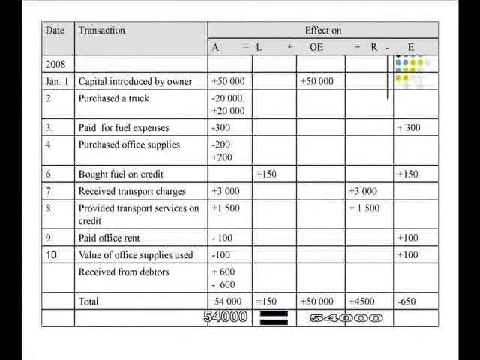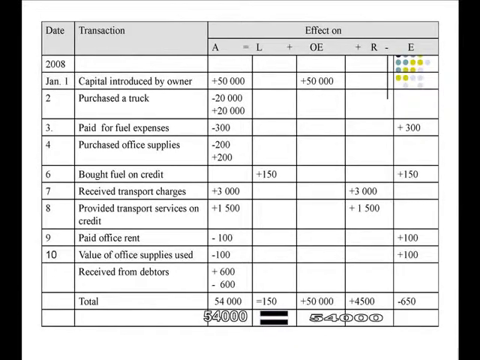So therefore, asset decrease and expense increase. That's how it is recognized. Cash received from debtors, yes, debtor decrease and cash increased.